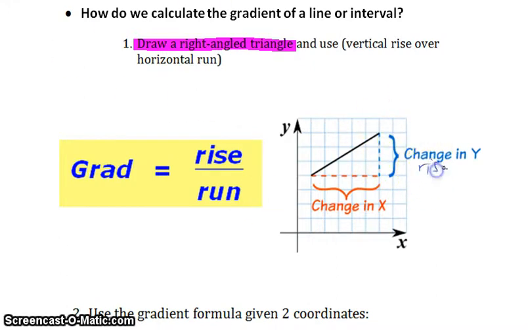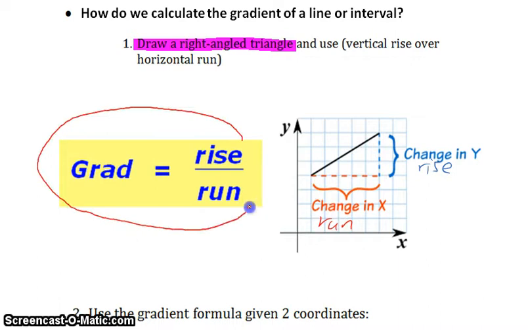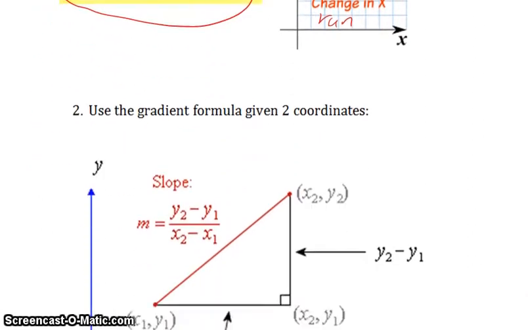So this is the rise here, and this is the run along the bottom. One way of figuring out the gradient is using the rise over the run when you've got a number plane, which in coordinate geometry we work with a lot. You can make a right angle triangle.